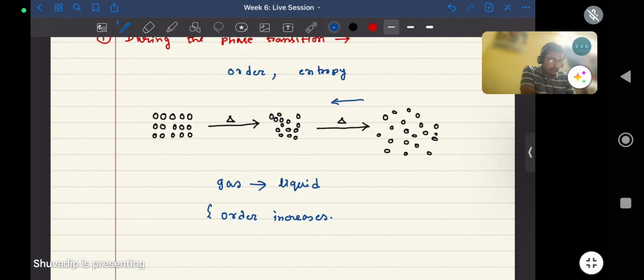But order increases means there will be a smaller number of preferred configurations possible, because molecules are getting fixed positions, so there won't be much entropy in the system, so entropy will decrease. These are the consequences of phase transition. Entropy will decrease.